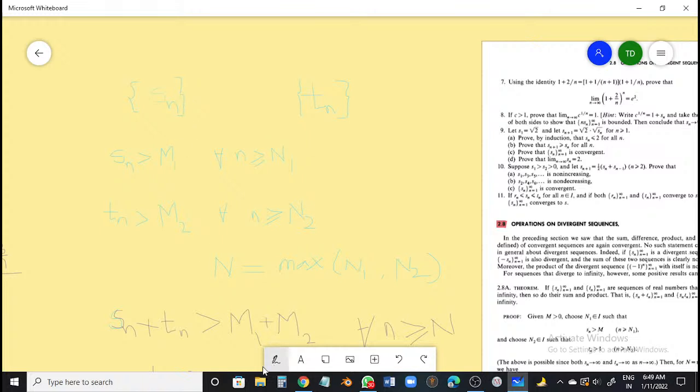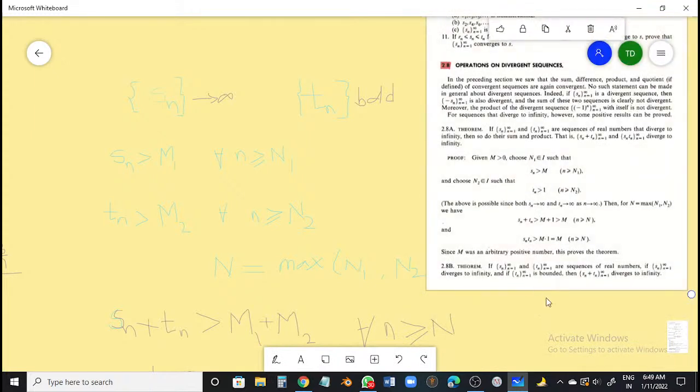But if Sn diverges to infinity and Tn is bounded, in that case what will happen? Sn plus Tn will diverge to infinity.